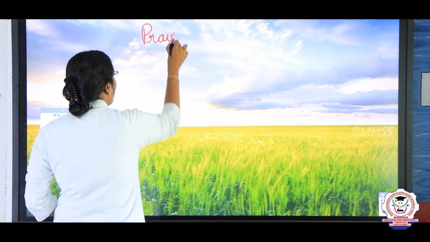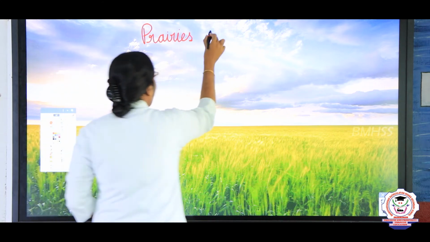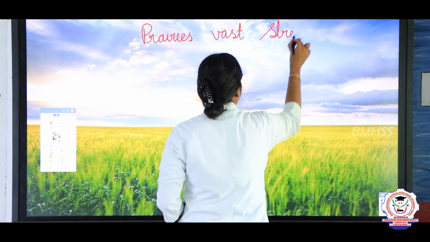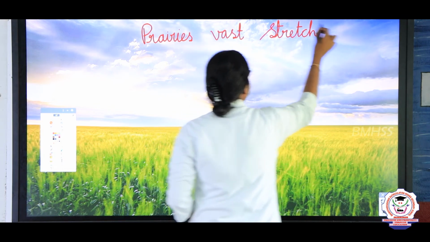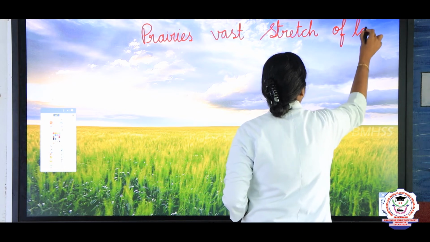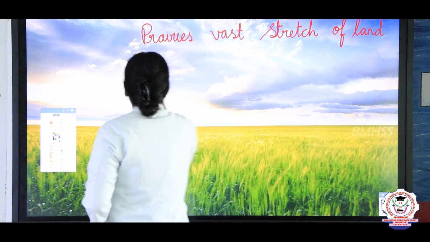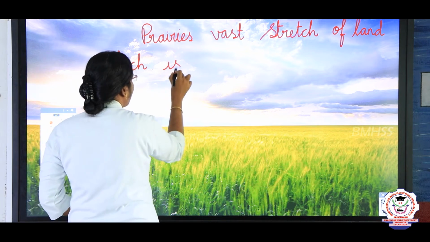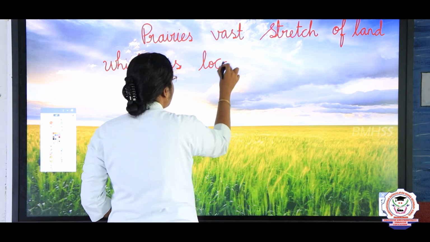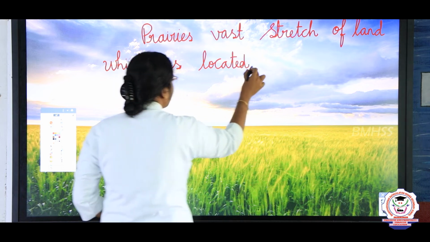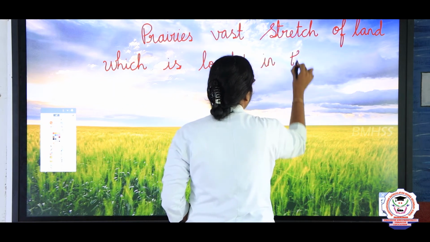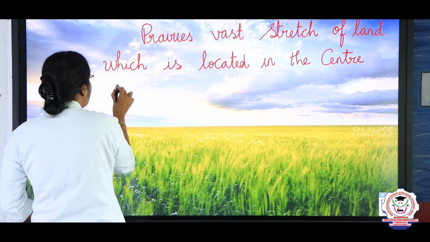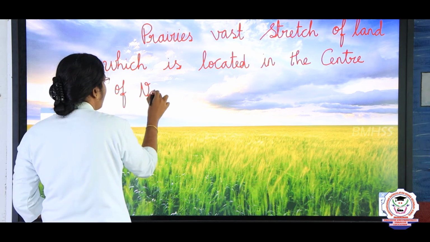Prairies are a vast stretch of land, L-A-N-D, land, which is located, L-O-C-A-T-E-D, located in the centre, C-E-N-T-R-E, of North America.